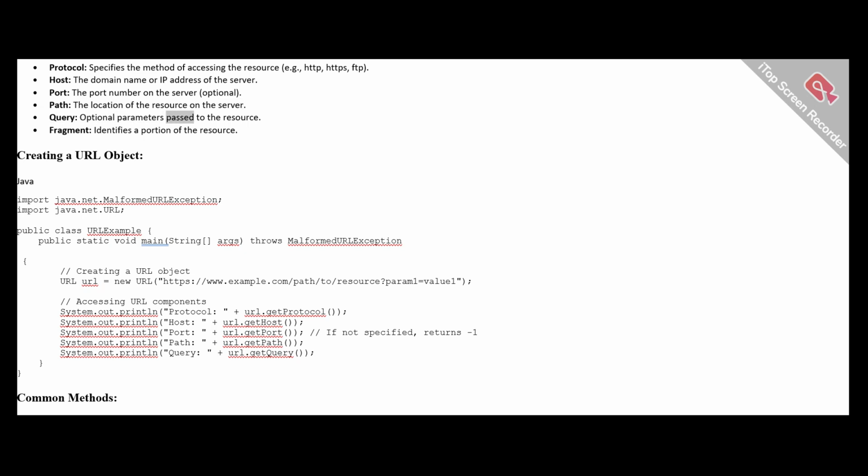Query: optional parameters passed to the resource. Fragment: identifies a portion of the resource. Creating a URL object. Java. import java.net.MalformedURLException; import java.net.URL; public class URLExample { public static void main(String[] args) throws MalformedURLException { // creating a URL object.